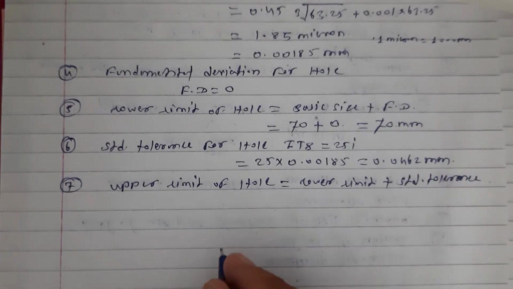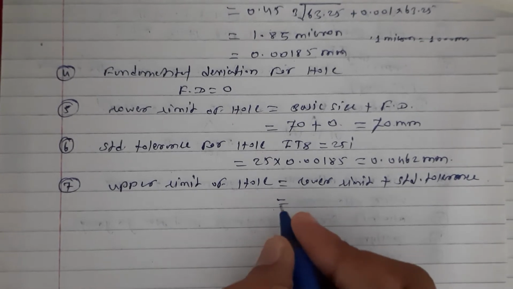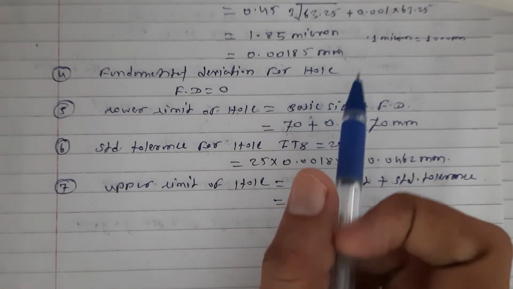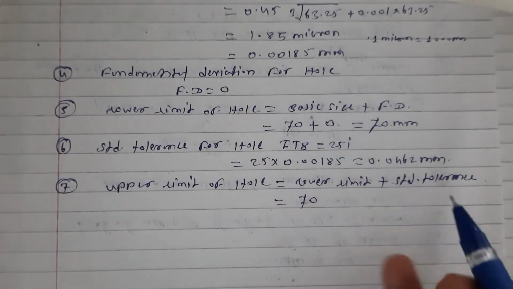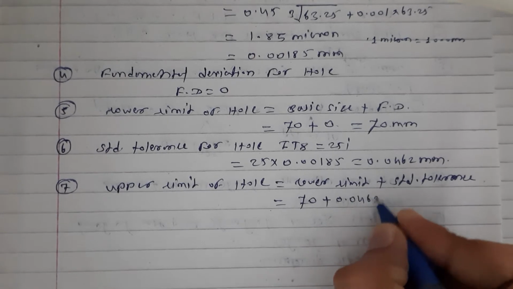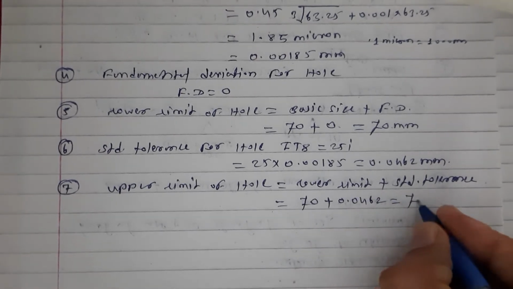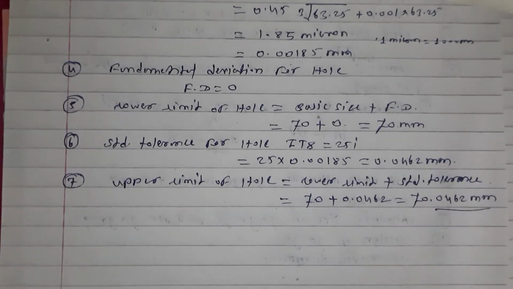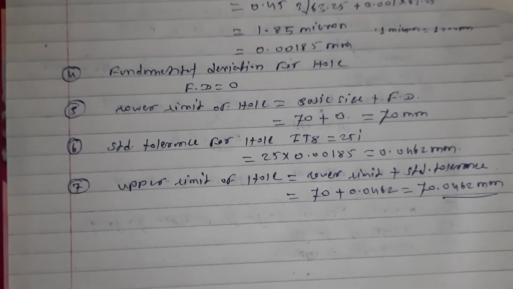This lower limit we have is 70 mm, plus the standard tolerance 0.0462. You will get 70.0462 mm. This is your upper limit.